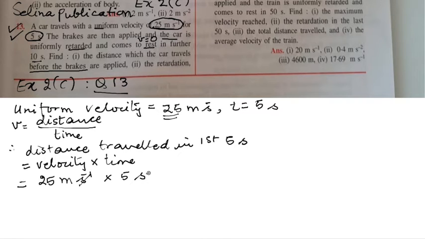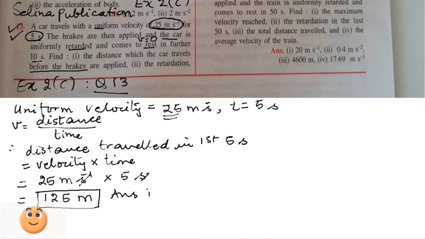Now second and second gets cancelled and 25 into 5 is 125 meter, and that is our answer 1. Okay, so we found this part before the brakes were applied.